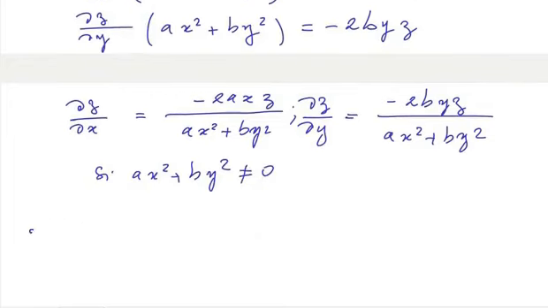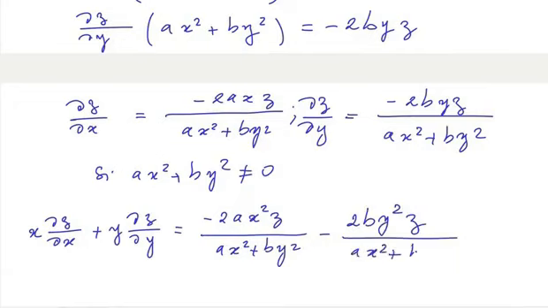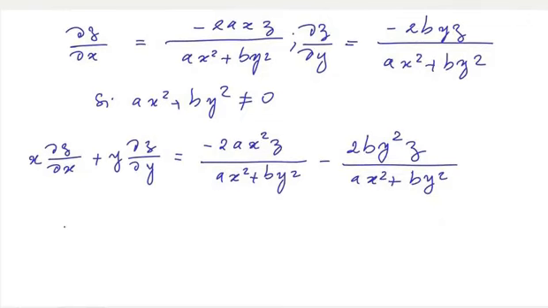Finally, we see that if we calculate x times the derivative of z with respect to x plus y times the derivative of z with respect to y, we then obtain minus 2ax²z over ax² plus by², then minus 2by²z, since we multiplied by y over ax² plus by².